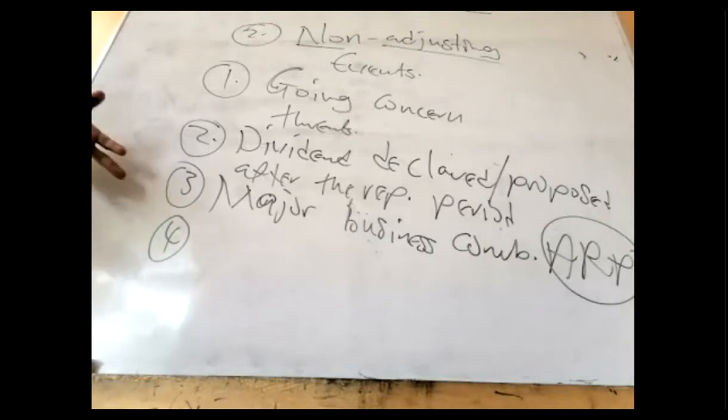Then you can also talk about uncertainties after the reporting period, like a catastrophe. An earthquake destroyed one of your production plants, or a fire destroyed some of the goods that you have produced.